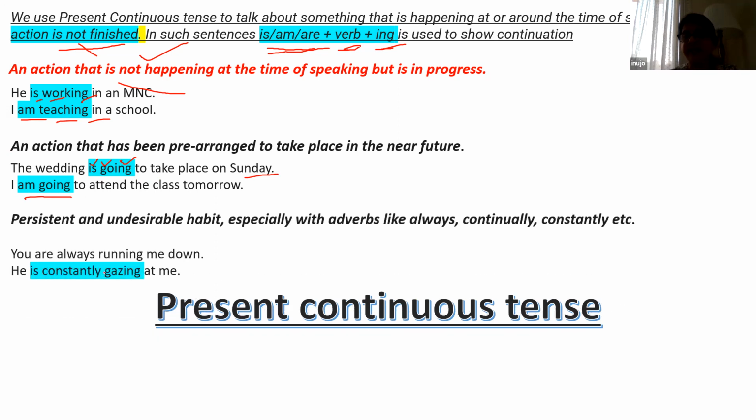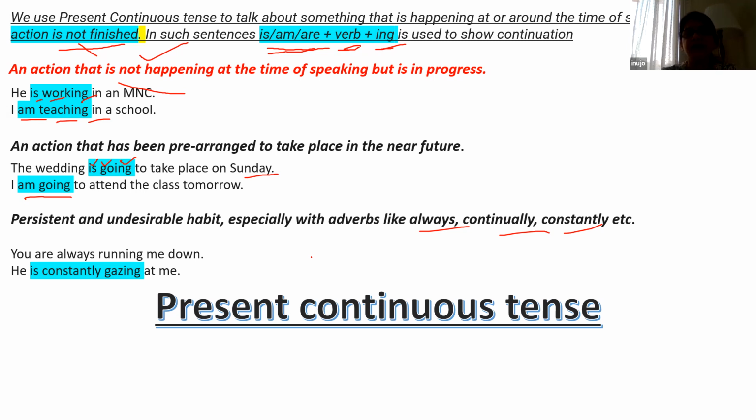Now, a persistent and undesirable habit, especially with adverbs like always, continually, constantly. This is not in your grammar textbook. This is extra information for you. You are always running me down. You're always putting me down, you're always cursing me down.